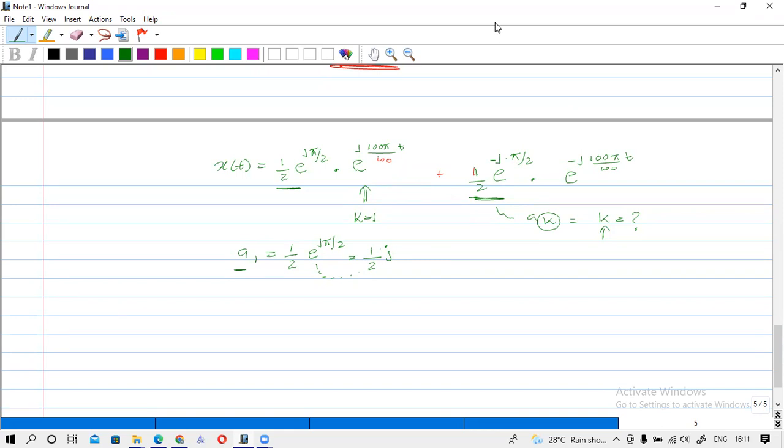Now we are running out of time very quickly. Please tell me what is the value, the k value.